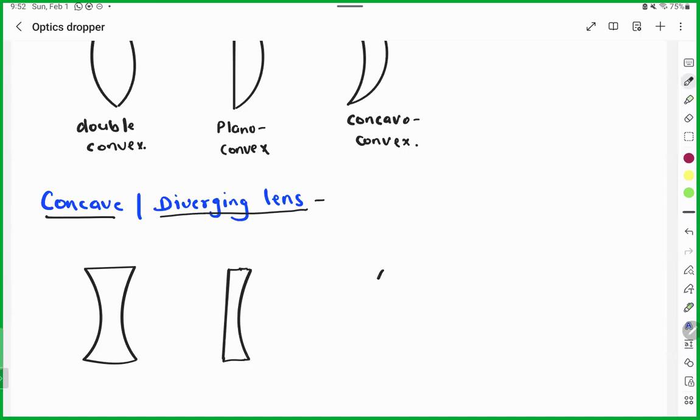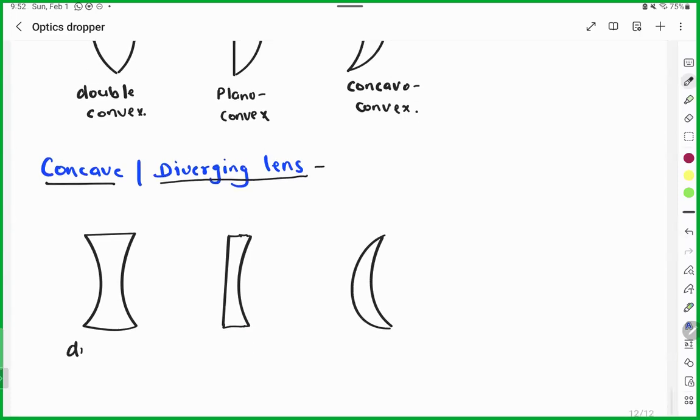Or if you want to take this, so double concave, plano concave, and convex concave. Remember, you will never get a question in NEET directly from this.